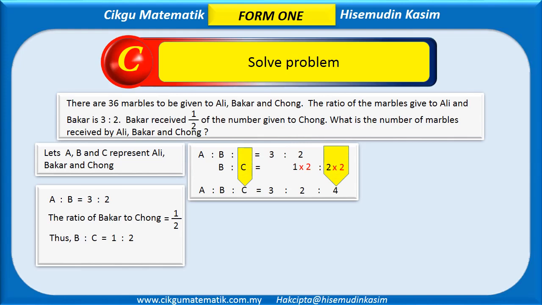The ratio of A to B to C is 3 to 2 to 4.